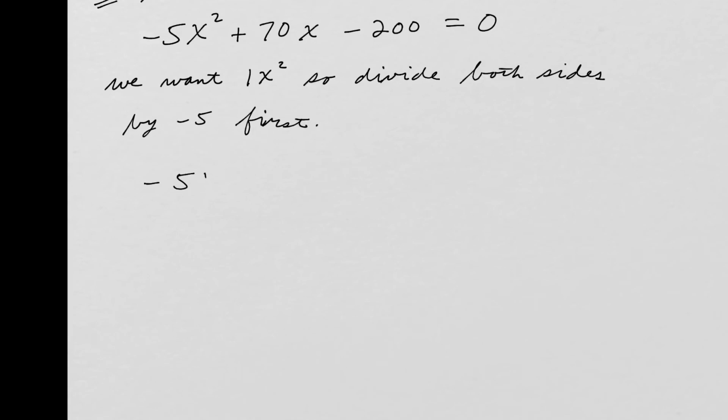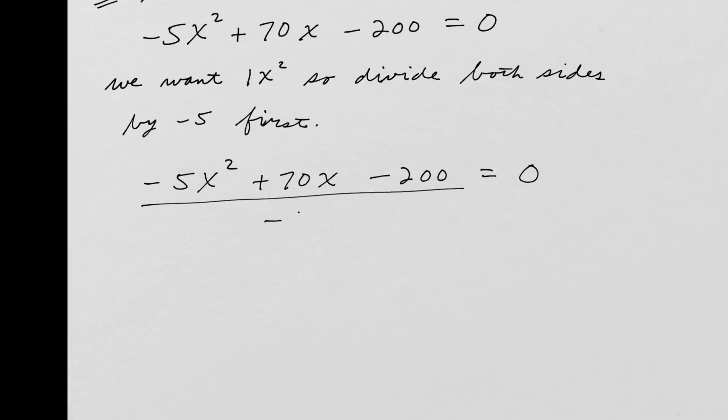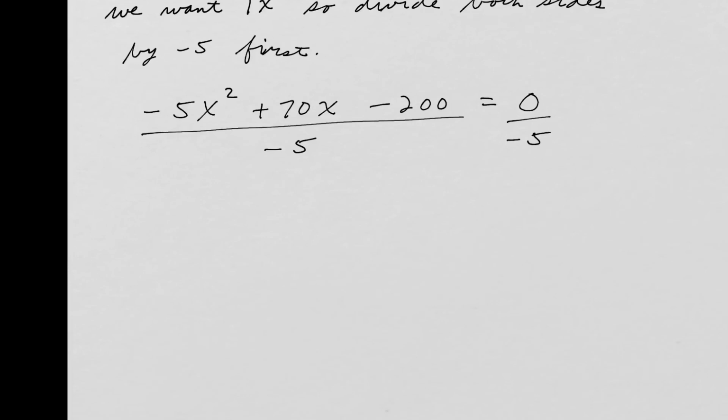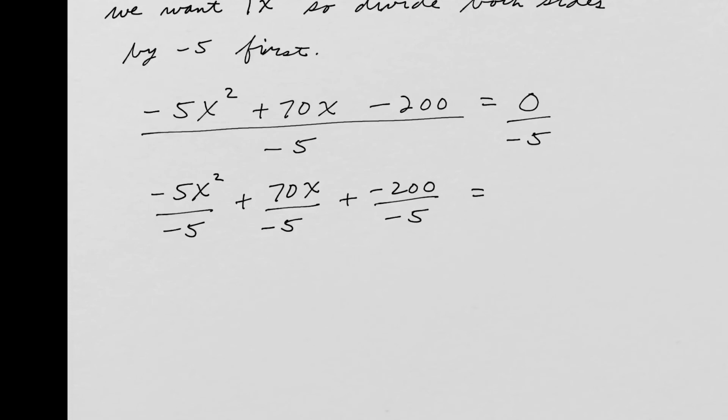So I have negative 5x squared plus 70x minus 200 is equal to 0. So if I divide this by negative 5 and divide this by negative 5, remember left-hand side, really this means negative 5x squared over negative 5 plus 70x over negative 5 plus negative 200 over negative 5.